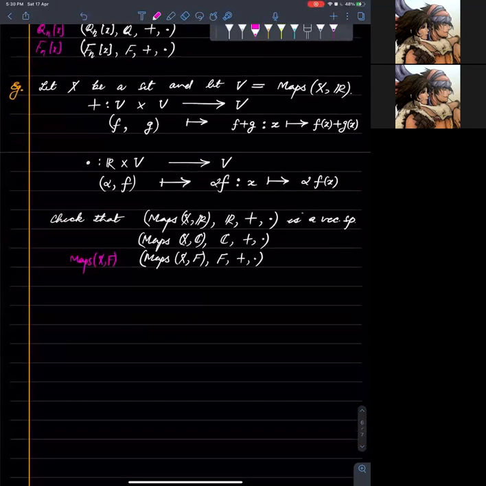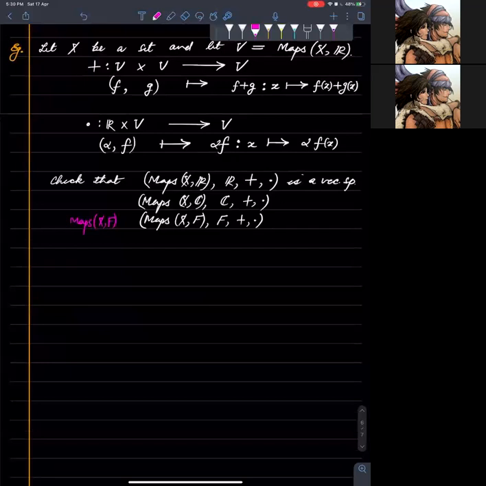So these are a few more examples of vector spaces. Let me give one more example, and then we'll discuss one more concept, and that will be it.